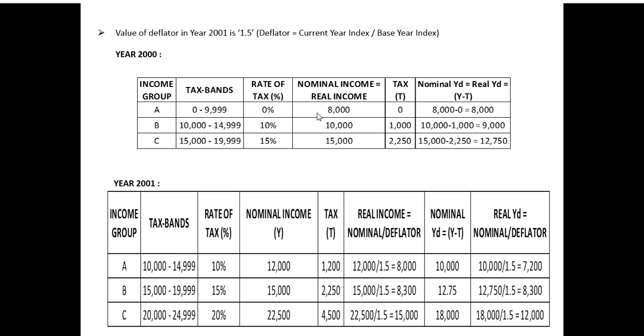And from this real income, once you subtract the tax, which you're now going to pay at the higher tax level, your income falls even further. Previously this person's income was 8,000. Now his income has gone down from 8,000 to 7,200. So that is the situation that takes place.